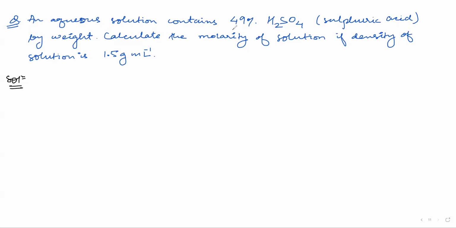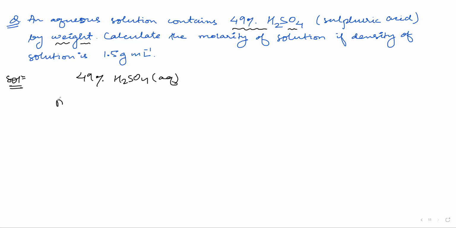See, you have been given 49% H2SO4 sulfuric acid by weight. That means the translation for this 49% will be 49% H2SO4. It is aqueous.